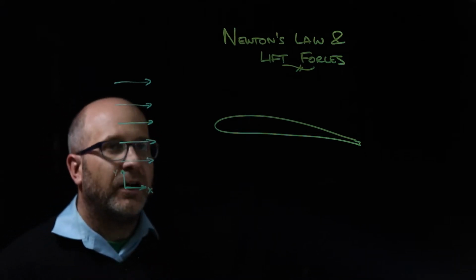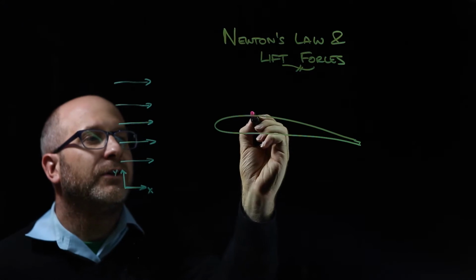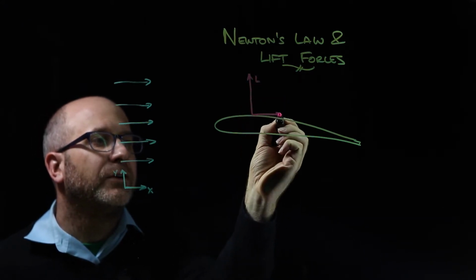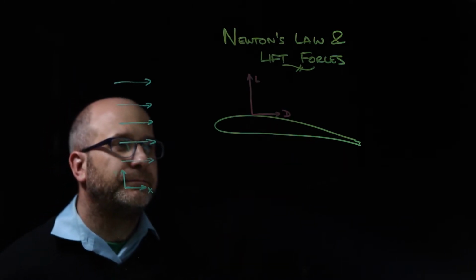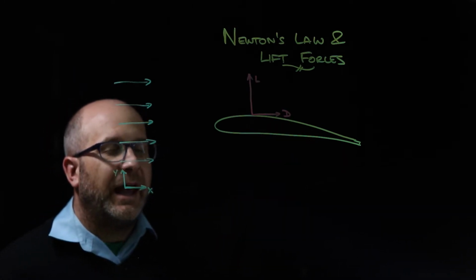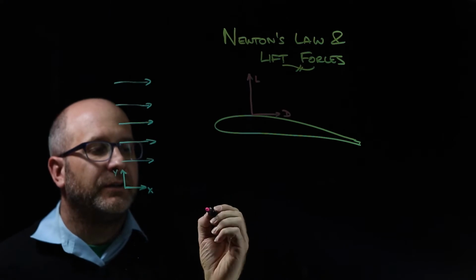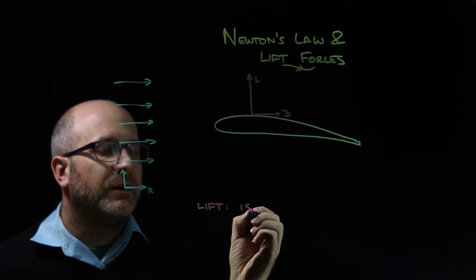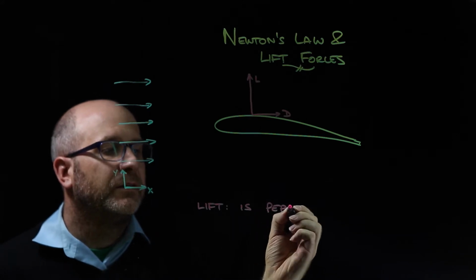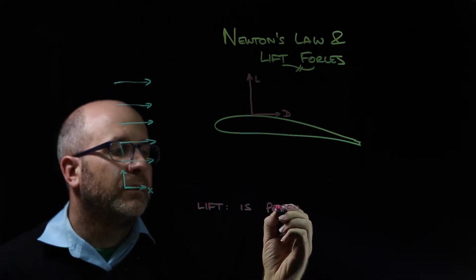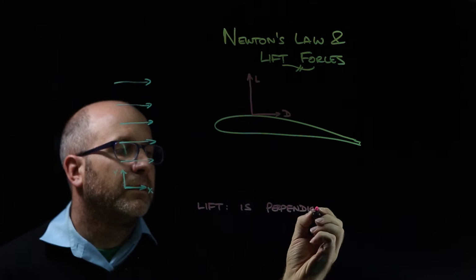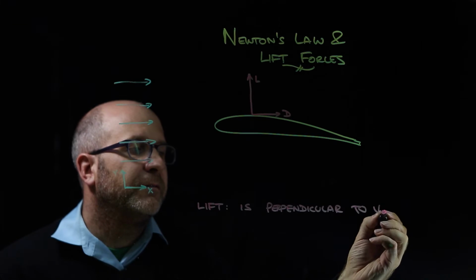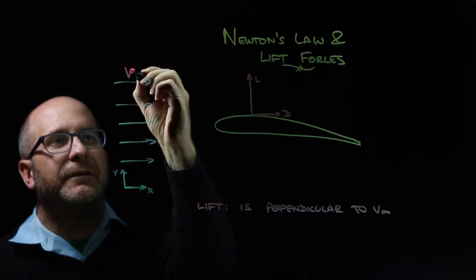And I'm going to draw on here a lift force, L, and a drag force, D. And by definition, I'm just going to write it down here. So lift is perpendicular to V infinity, and I'm just going to call this now V infinity.